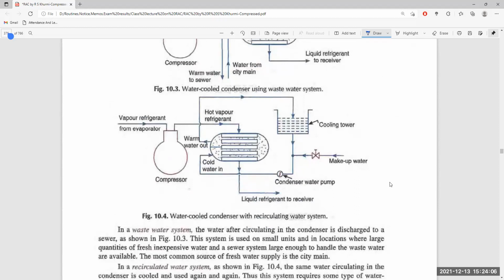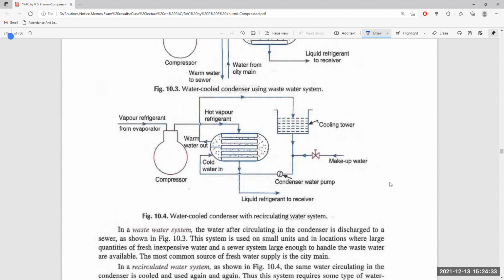Here, the vapor from the evaporator goes to the compressor as usual, and the hot refrigerant comes up and goes to the condenser. There is a cooling tower from where cold water is coming and going to the condenser. It does the cooling, and warm water comes out, then is sent again to the cooling tower where it is cooled again.